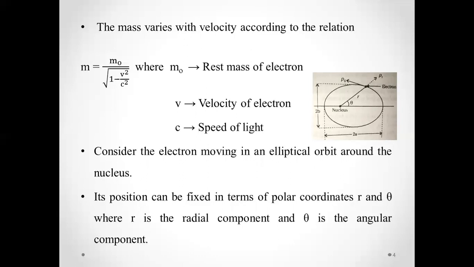In the figure, the radius vector r varies as the electron moves along the elliptical path, and so also the angular component theta, which is called the azimuthal angle.